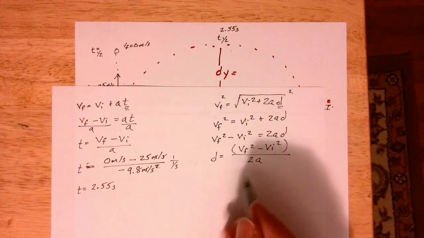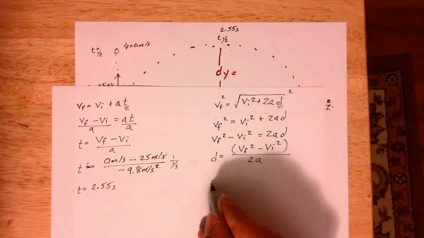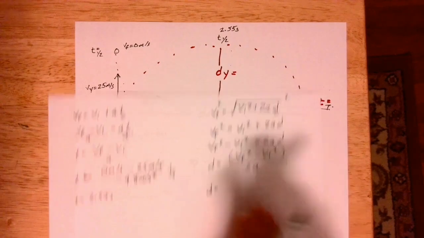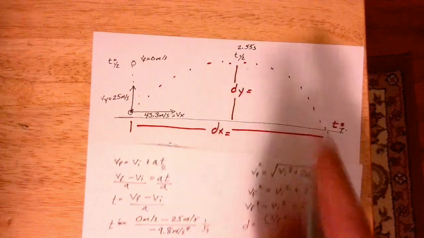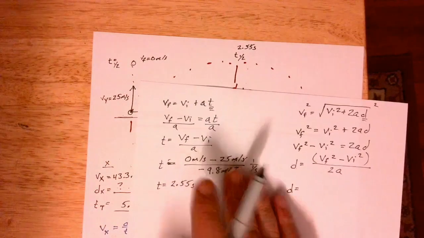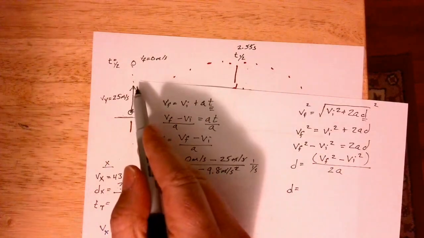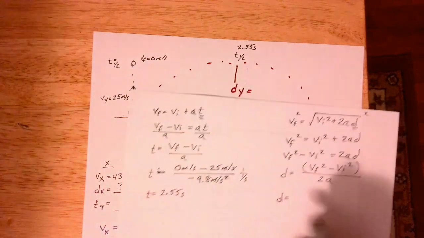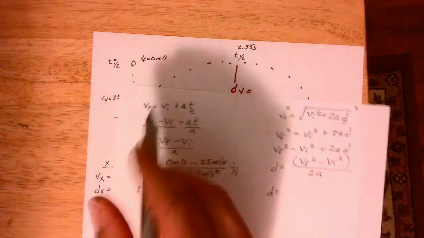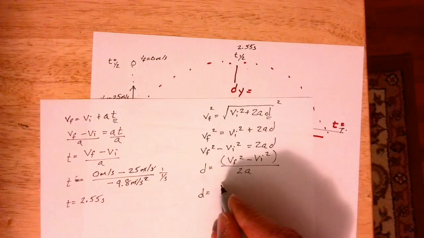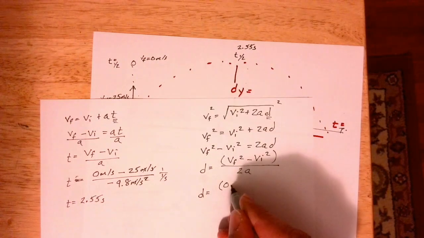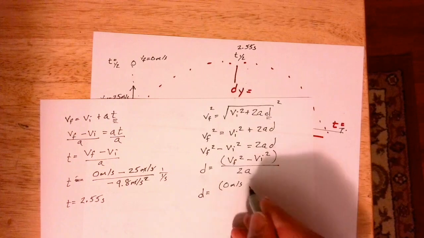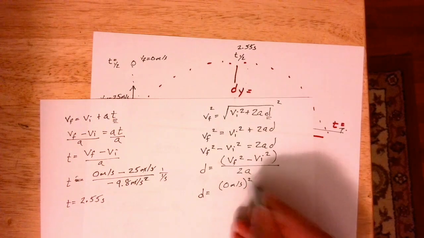Okay, now I'm going to plug in the values. Again, we're treating this as though it's a projectile being thrown straight up into the air. Its final velocity when it reaches the highest point is 0 meters per second, and I'm going to square that.